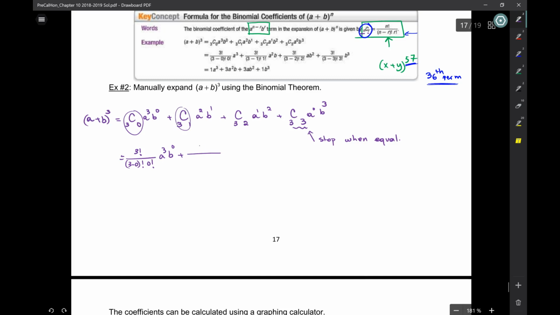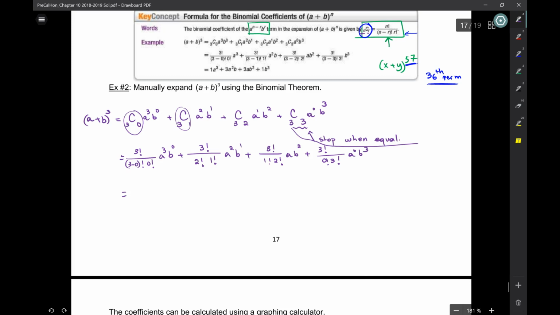This one, the first one factorial, the difference 2 factorial, the second one factorial, a squared b to the 1, plus first one, the difference, the second one, a b squared, plus the last one now, first number over the difference, and then the second one factorial, a to the 0, b cubed.